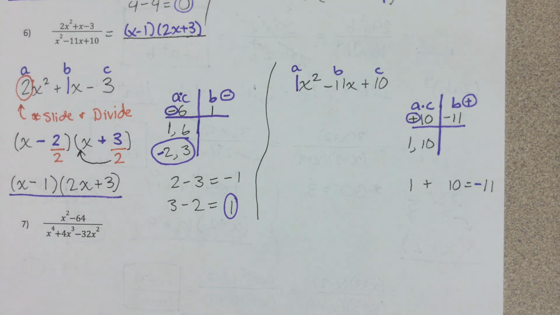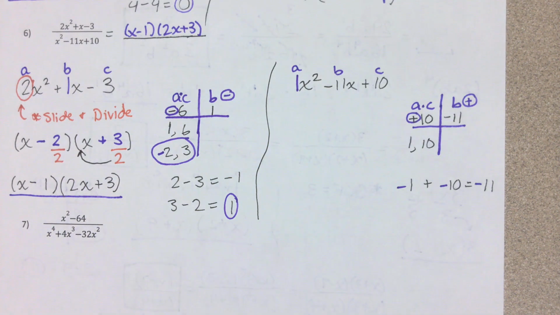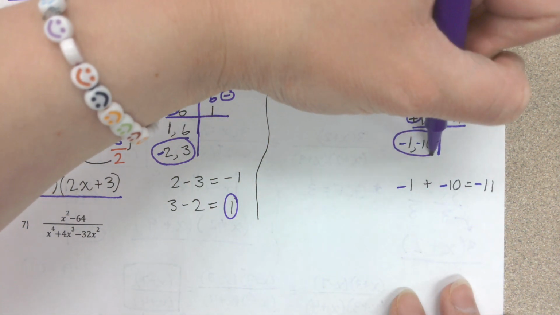How do I make -11 instead of +11? Yeah? Both numbers are negative. -1 plus -10 is -11. So if you're adding and you end up with a negative number, it's all negative. So my factors are -1, -10.